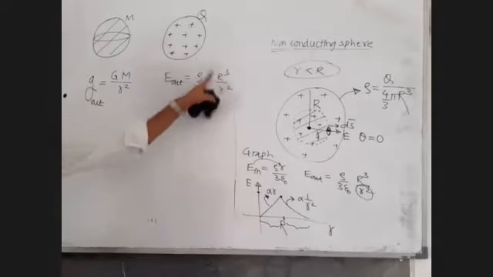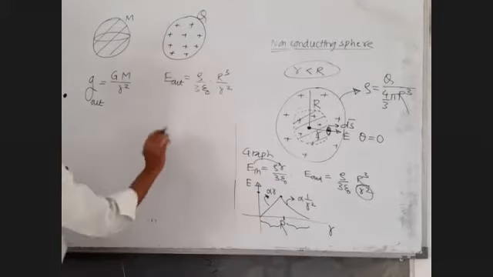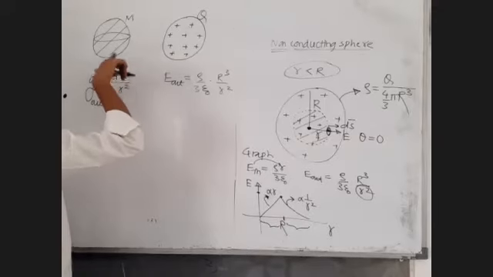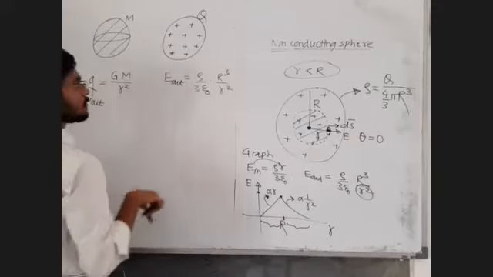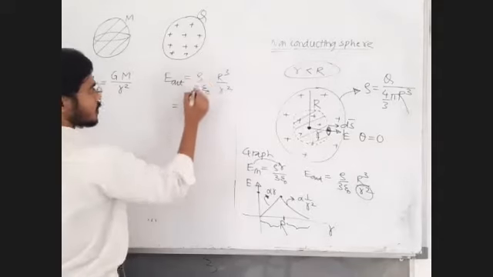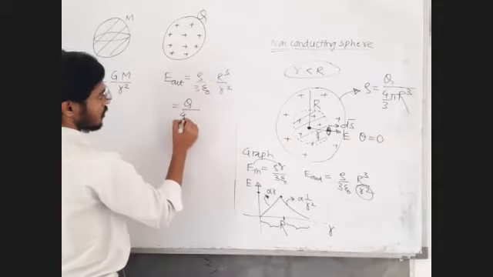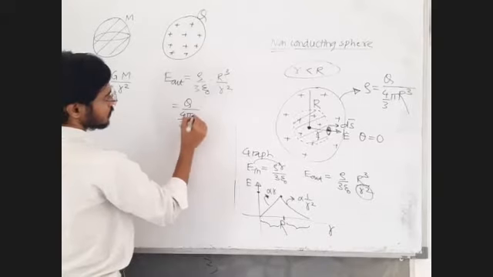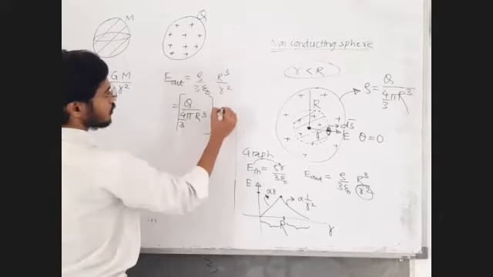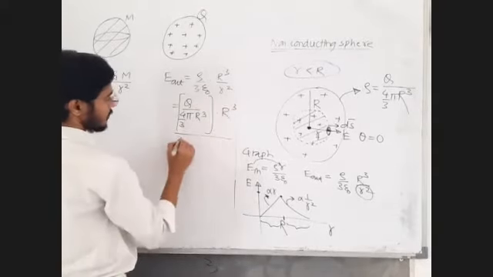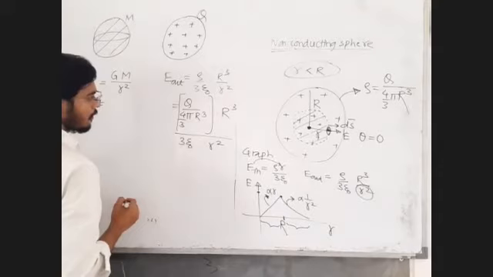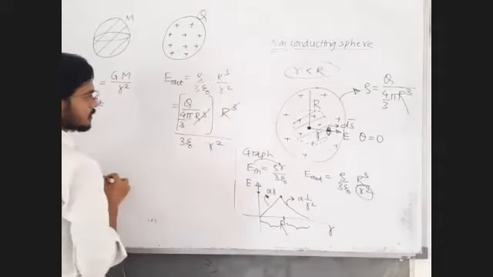Now I will rearrange this equation in this format. Actually it is already rearranged, but I want you to see only three terms: 1, 2 and 3. I would like to replace this charge per unit volume as the total charge on the object divided by the volume of the object. So I just replace the charge per unit volume, into R cube, divided by 3 epsilon 0, divided by R square. R cube cancels.